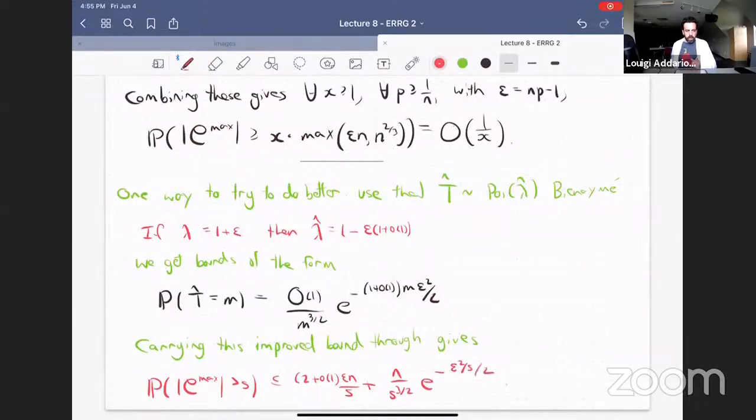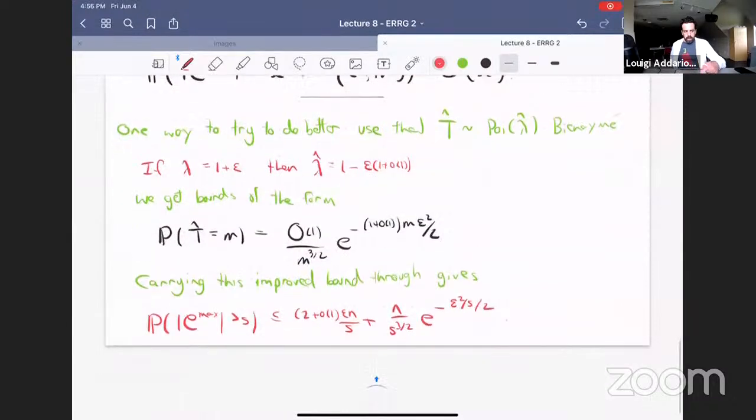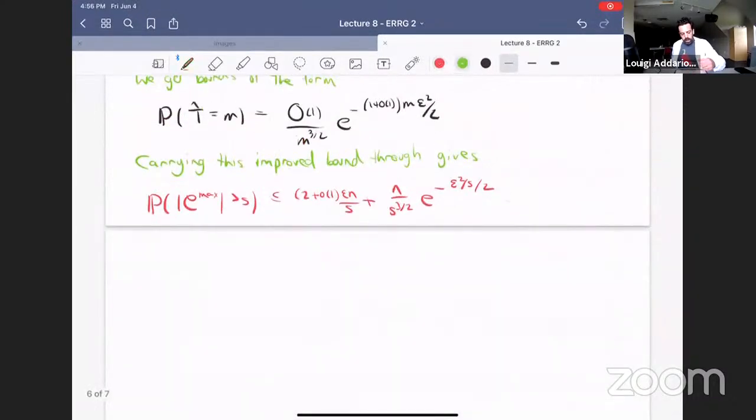Sorry, epsilon squared s on 2. Okay, but if you take s to be x epsilon n in this, then this gives a bound.